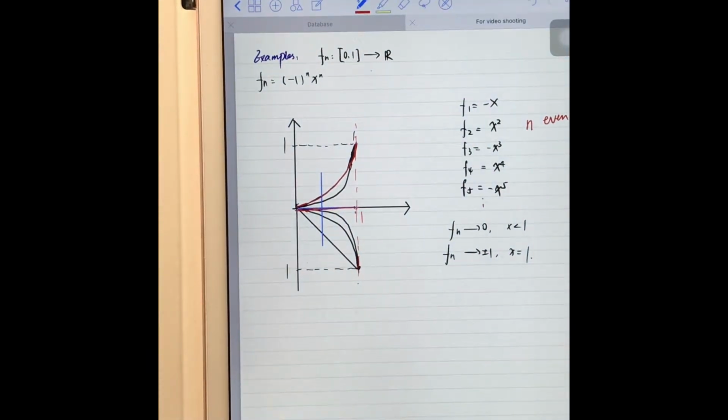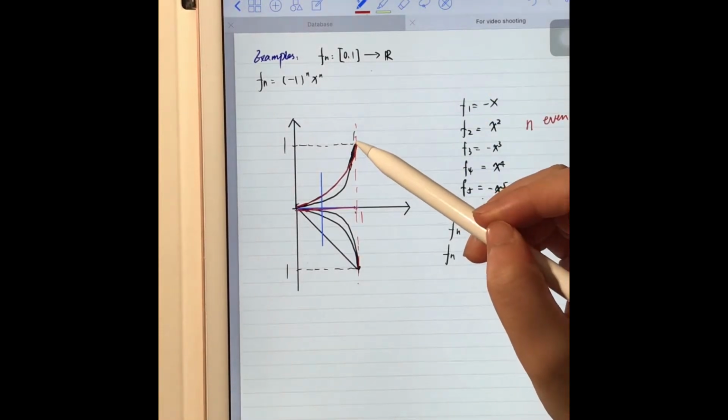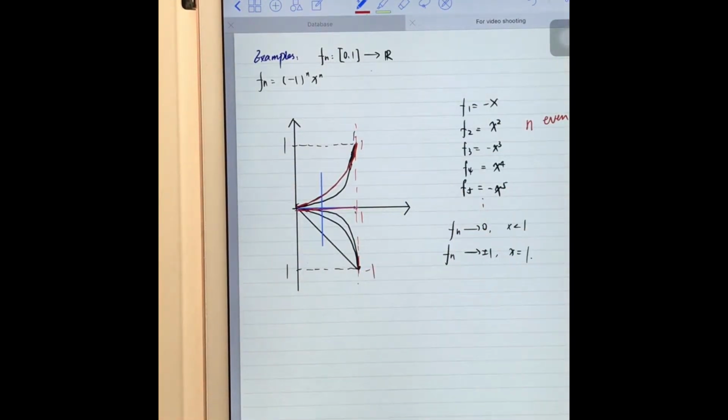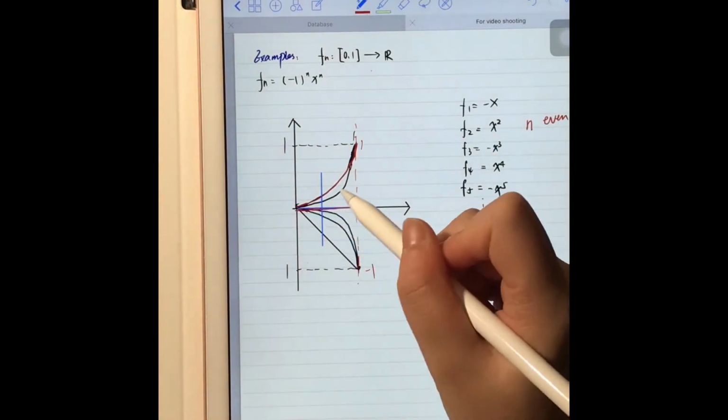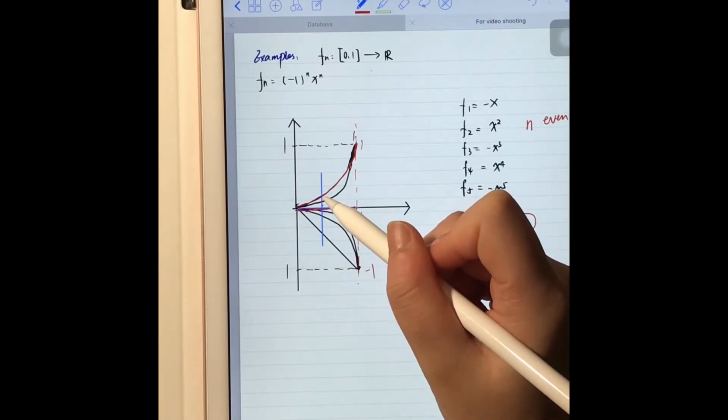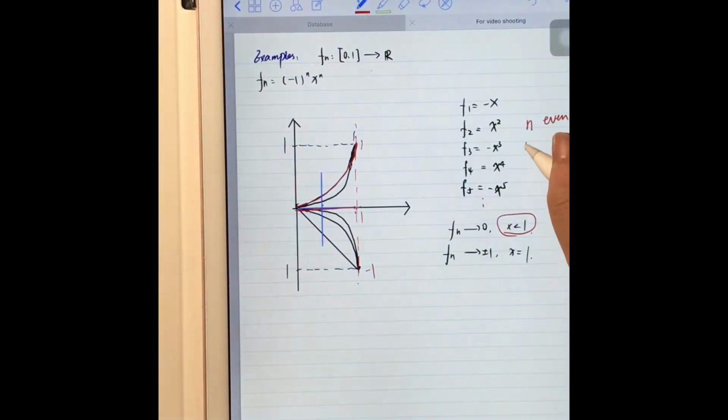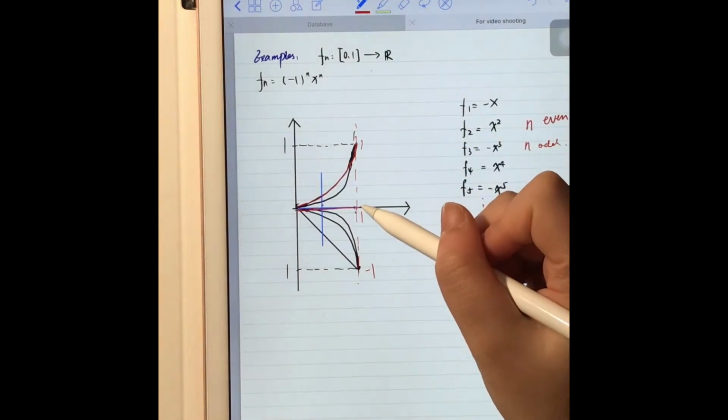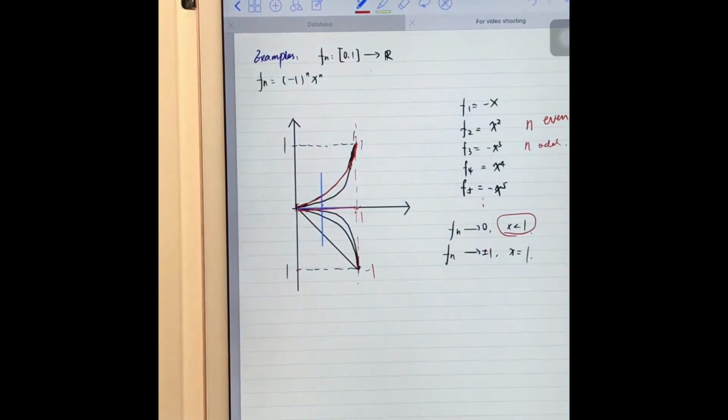But this is the case when x is not equal to 1, because when x is equal to 1, the function fn is either 1 or -1. So when x is smaller than 1, when n is even, the function is getting closer and closer to 0. And when n is odd, the value of the function is negative, but it's still getting closer and closer to 0, to the x-axis.